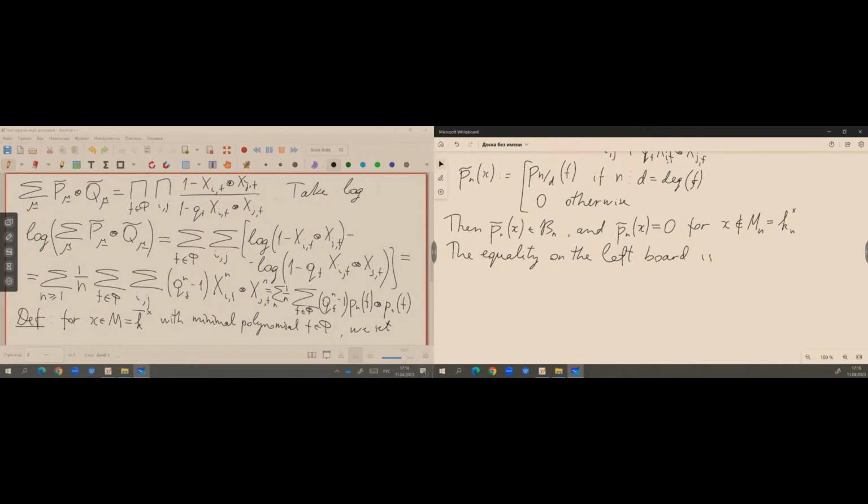The logarithm of the sum over all multi-partitions, P tilde mu tensor Q tilde mu, is equal to the sum over n, Q to the power n minus 1 over n, the sum over all elements in the multiplicative group, P tilde n of x tensor P tilde n of x.